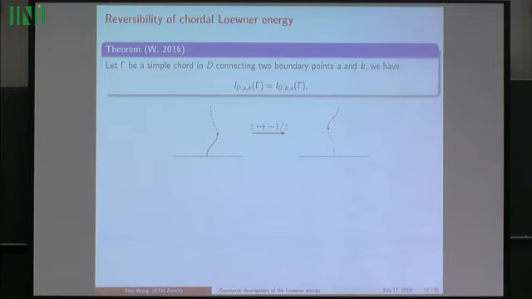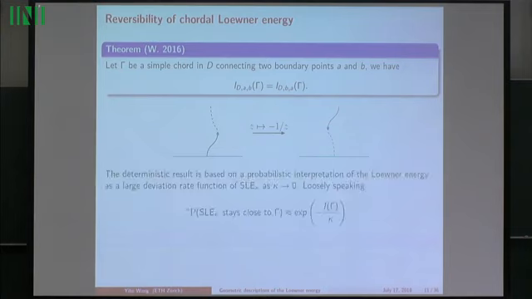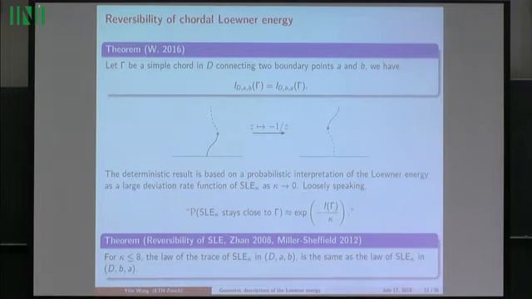So how does this proof go? Actually, I used a very strong result about the reversibility of SLE. This deterministic result is actually based on the probabilistic interpretation of the Loewner energy with SLE. What we know from Schilder's theorem is that the Dirichlet energy of a continuous function is the large deviation rate function of a small multiple of a Brownian motion.